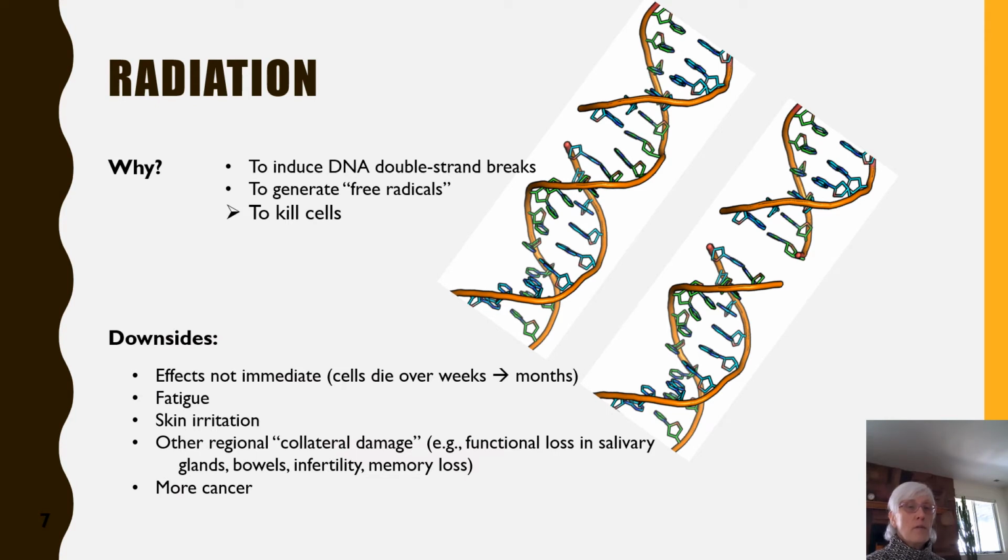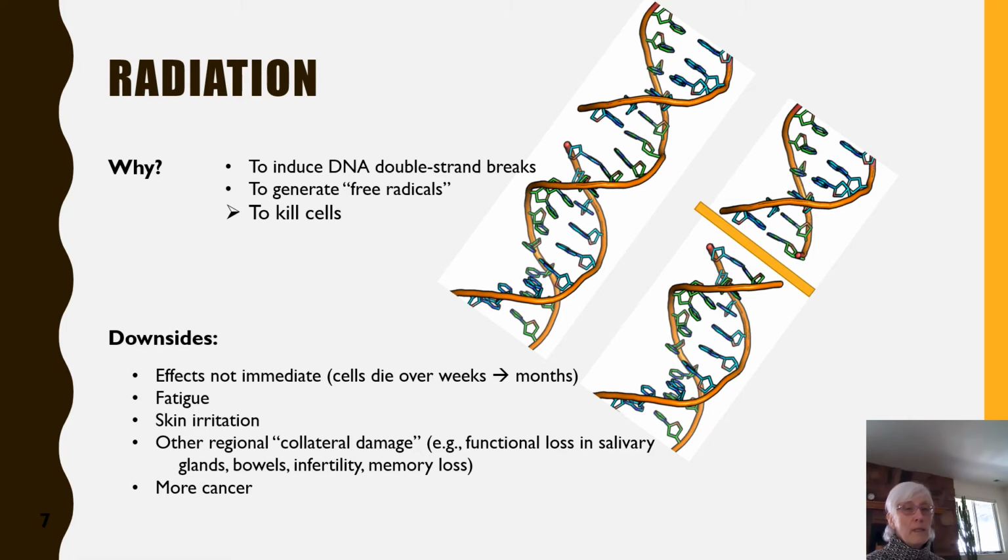The purpose of radiation is to induce DNA double-strand breaks, so it's meant to break both strands of the DNA, as well as to generate things called free radicals. Free radicals damage tissue, and the ultimate purpose of damaging tissue and inducing these double-strand DNA breaks is ultimately to kill the cells.